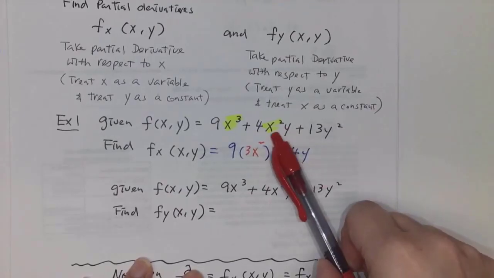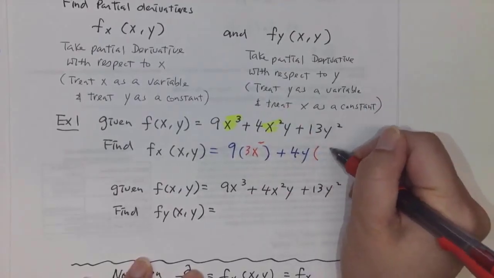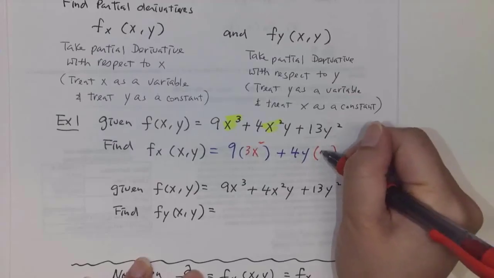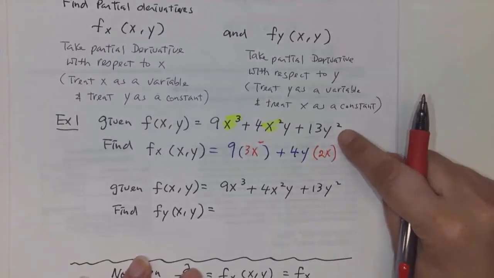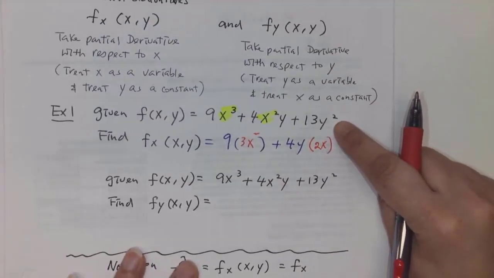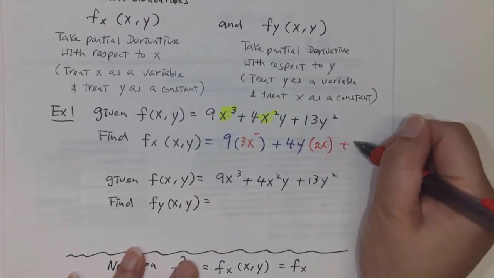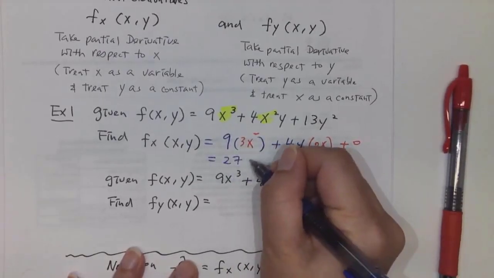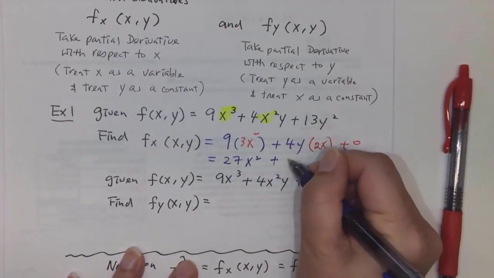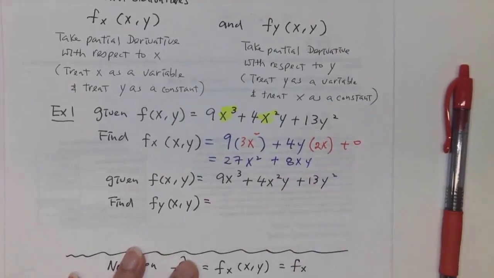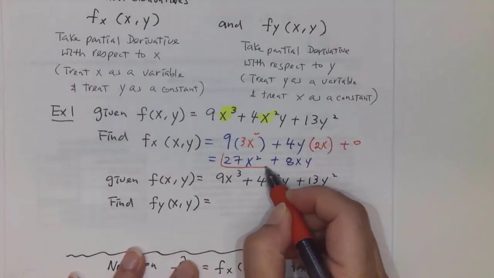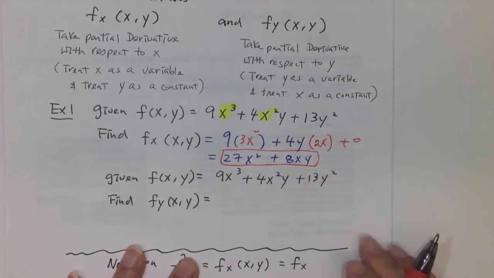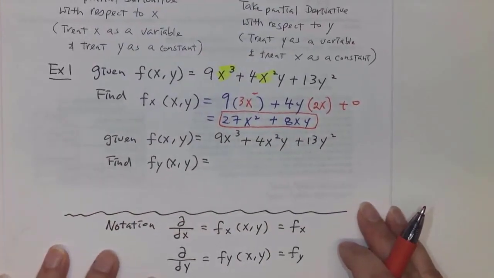And then taking the derivative of x squared will give me 2x. And y is constant, so this whole term is constant, so this will turn into 0. So that's what we did last time. We got 27x squared plus 8xy. Is it okay? That's taking the derivative with respect to x, treating y as constant.